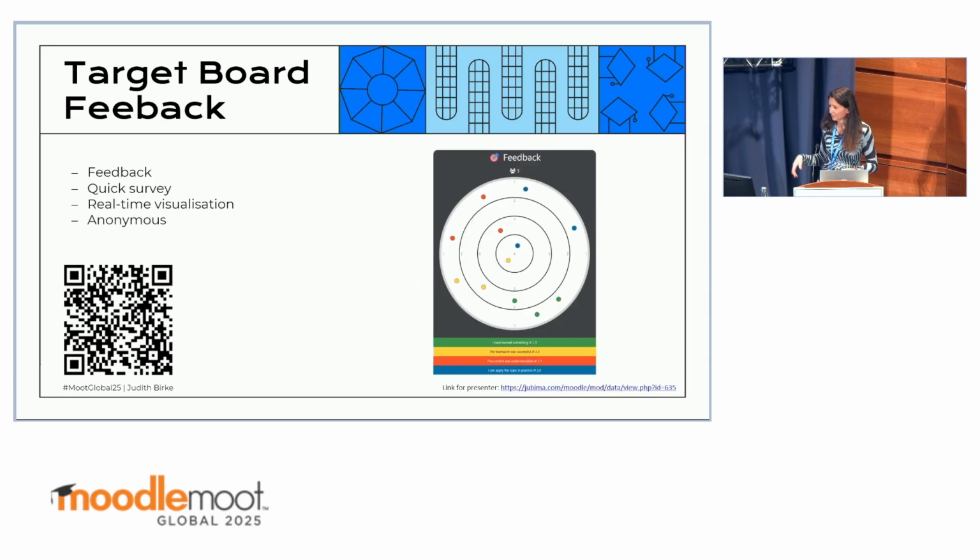And you will see this target board and there will be dots popping up for all the users who enter their feedback. So this can be used for feedback, of course, or other spontaneous feedback, not necessarily on sessions, but all kinds of feedback that you can collect.